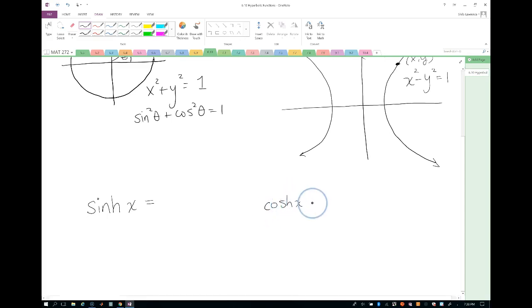But you also could calculate the value based on their formulas, and hyperbolic sine for any value is the same as e to the x minus e to the negative x all over 2. And then for hyperbolic cosine, it looks exactly the same but with addition. e to the x plus e to the negative x over 2. So there's also a way to calculate these just using exponential functions.